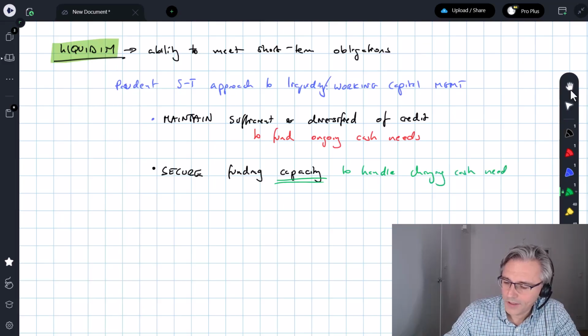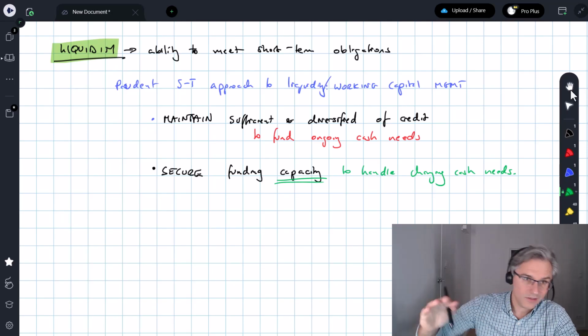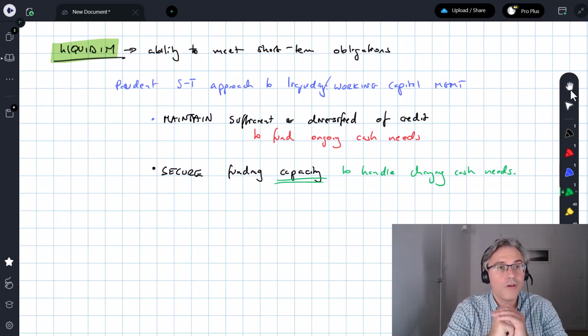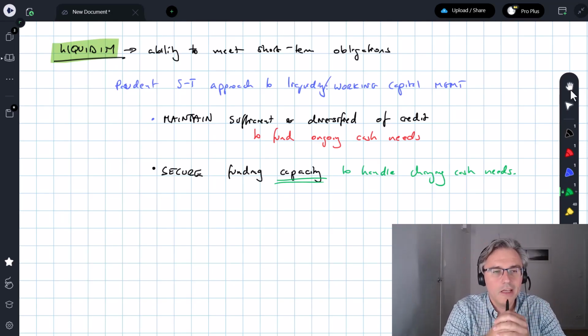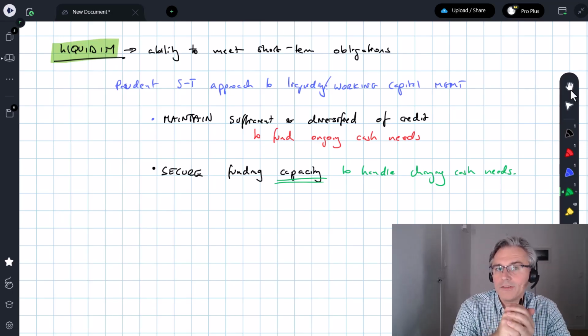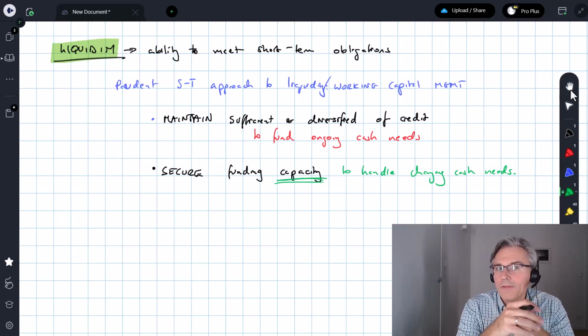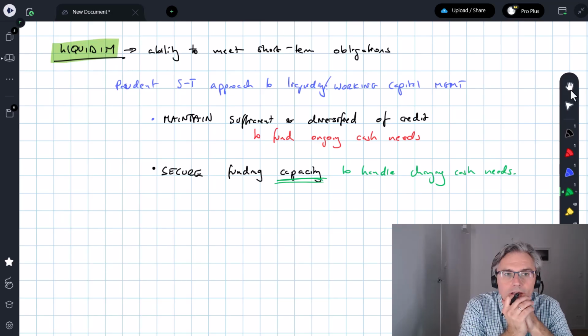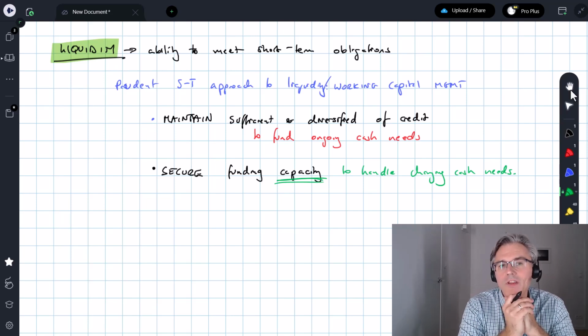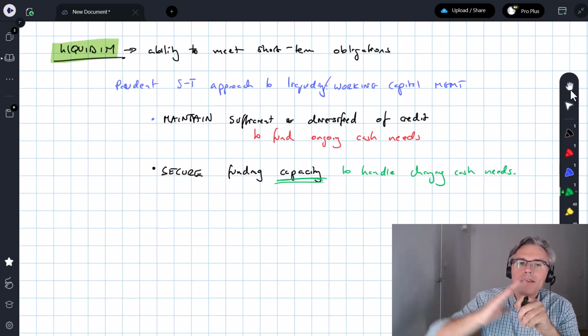For example, if you've got seasonality in the business or growth in the business that's been planned, make sure you have liquidity, let's say, on hand for this, or capacity arranged for this. Because one of the biggest problems in business, to be honest, that I as an analyst see, especially when you work with medium-sized or smaller businesses, is they don't necessarily plan for liquidity when the company is doing well.